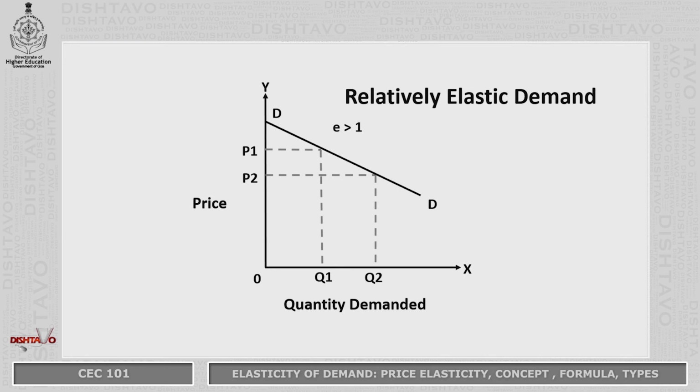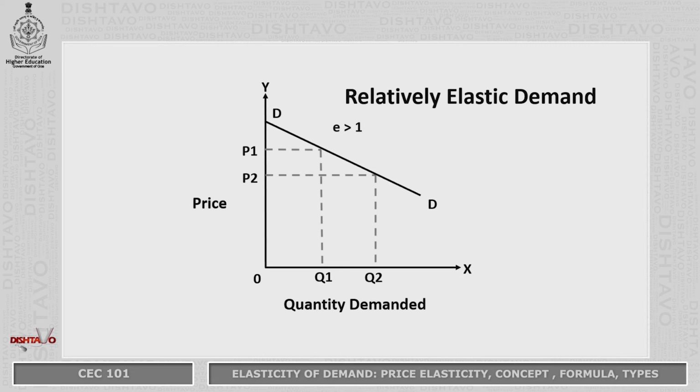In this case, we can see the demand curve DD. The original price is P1 at which the quantity demanded is OQ1. There is a slight fall in price from P1 to P2. The quantity demanded increases to a greater extent from OQ1 to OQ2.